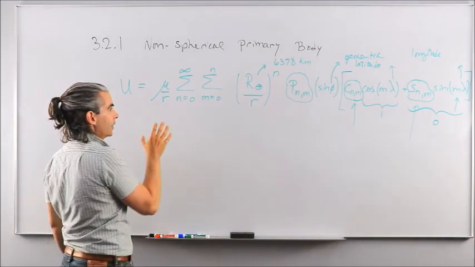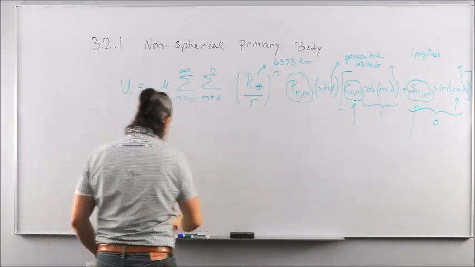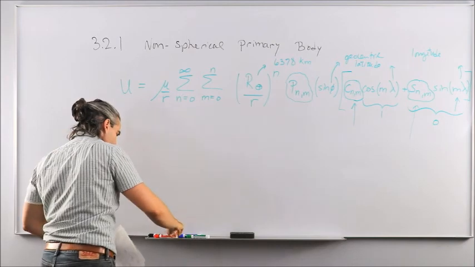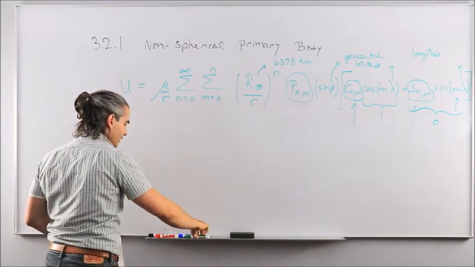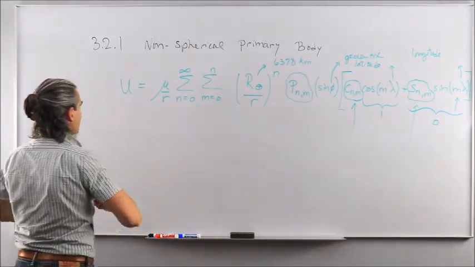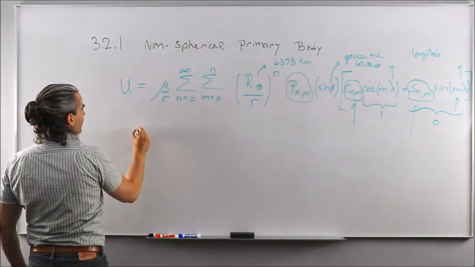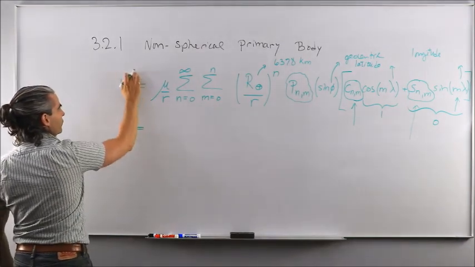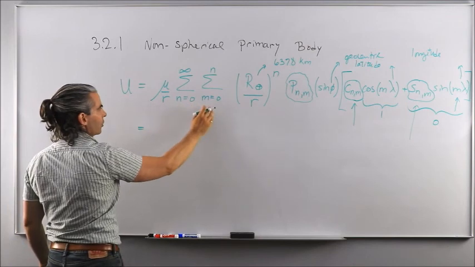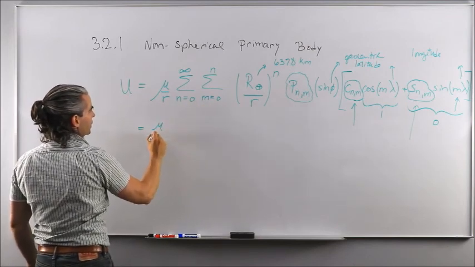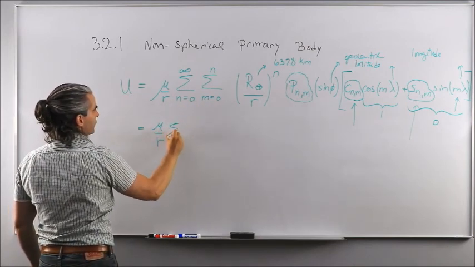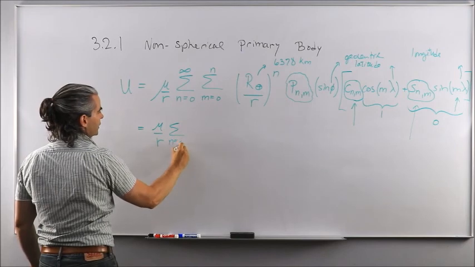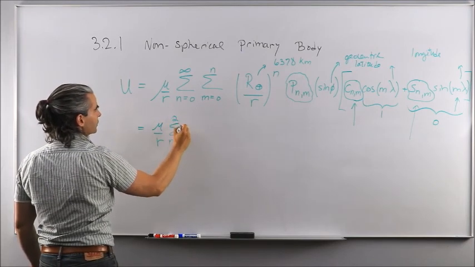So again, we're going to limit ourselves to degree equal to 0, 1, 2, and order exactly equal to 0, which will then simplify our geopotential function for an arbitrary degree and order to be equal to summation of n equals 0 all the way to 2.